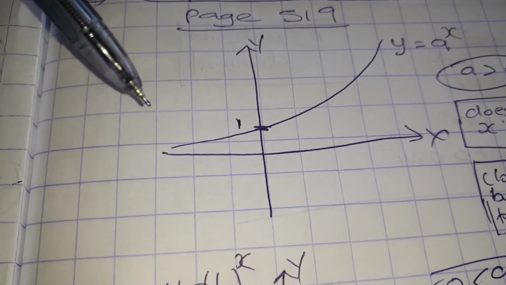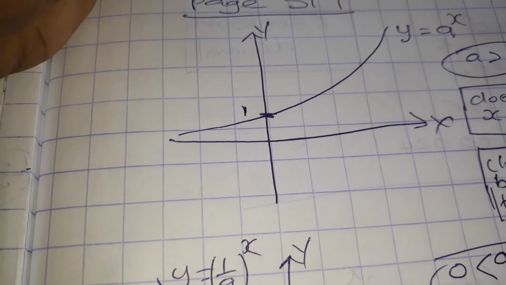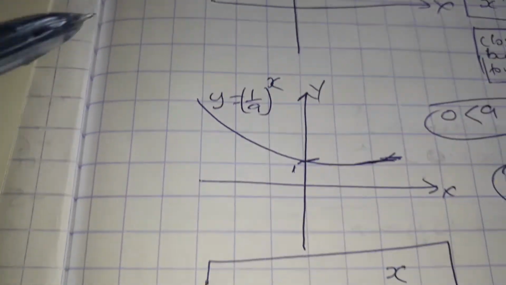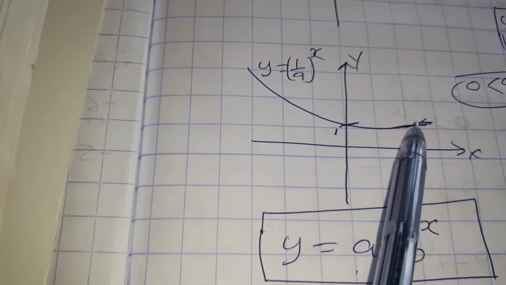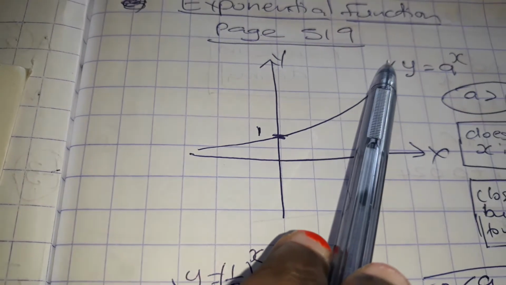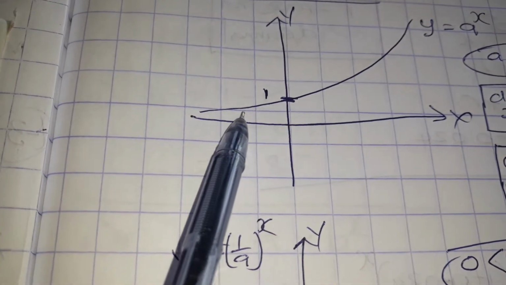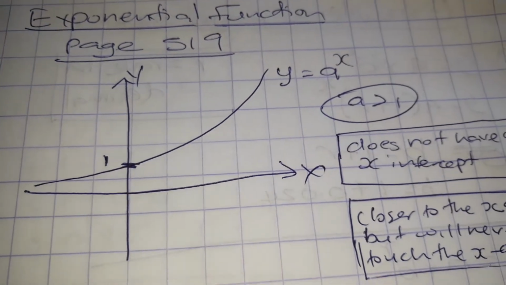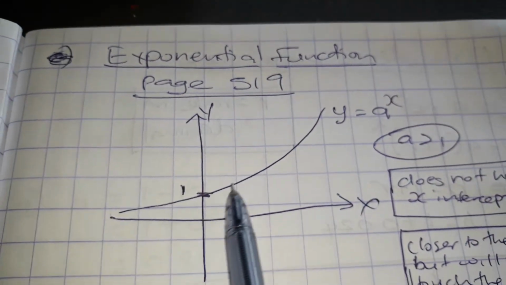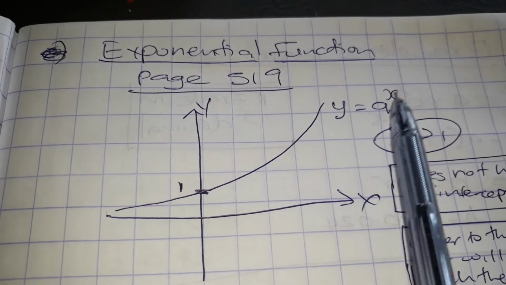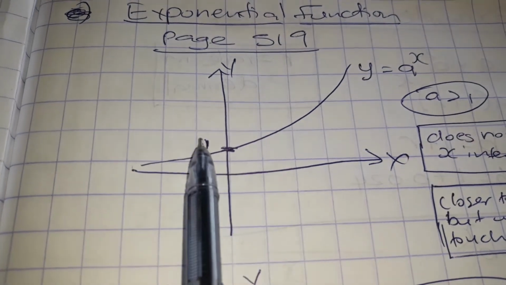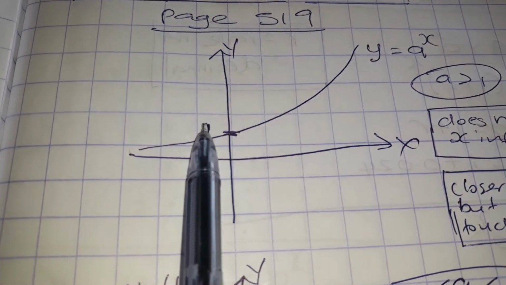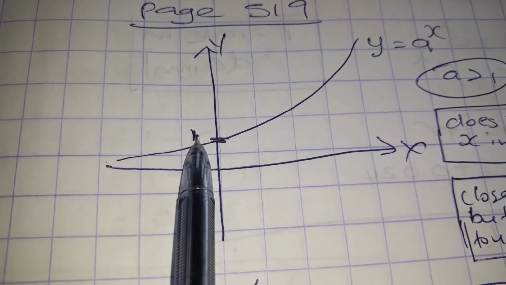Every exponential function, you will see your graph is either increasing or, in another case, it is decreasing. You will see your graph will go closer and closer to the x-axis, but it will not touch the x-axis, right? The equation for this graph is y equals a to the power of x, and you will normally see it crossing the y-axis at 1.